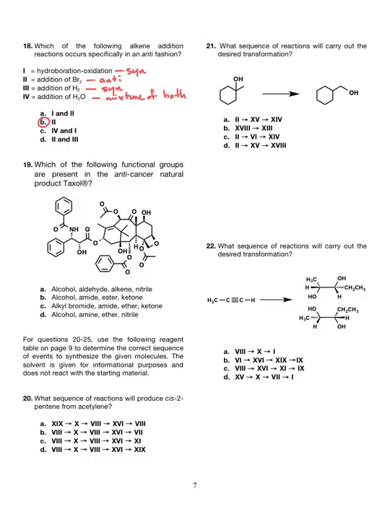19 is asking you about the functional groups present in Taxol. So just go through and list them. You have an alcohol. So you can eliminate C, that shows no alcohol. You have an ester. You have an ether.